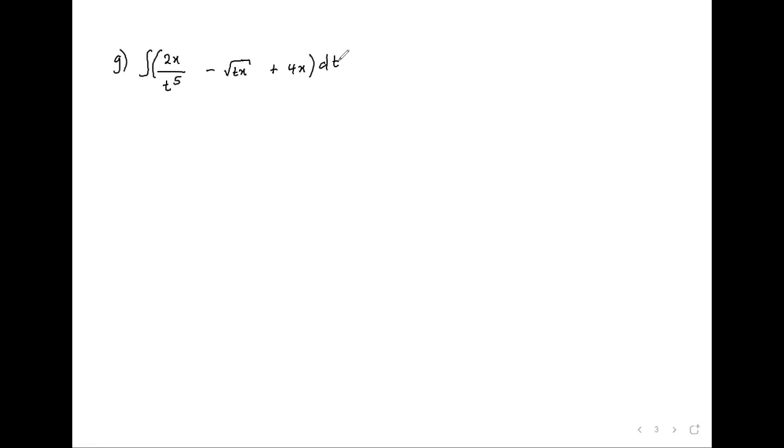So our task here is to integrate with respect to t. So anything that is not t is regarded as a constant.